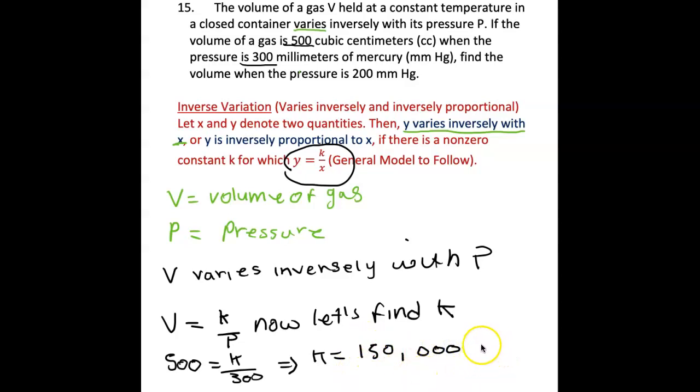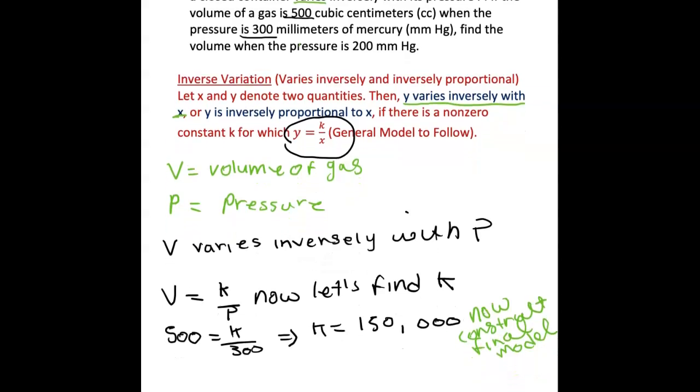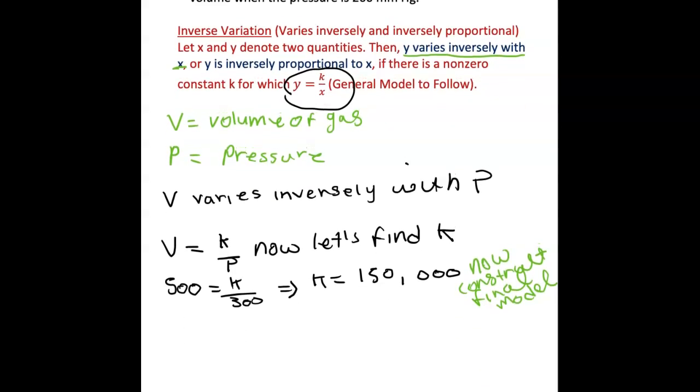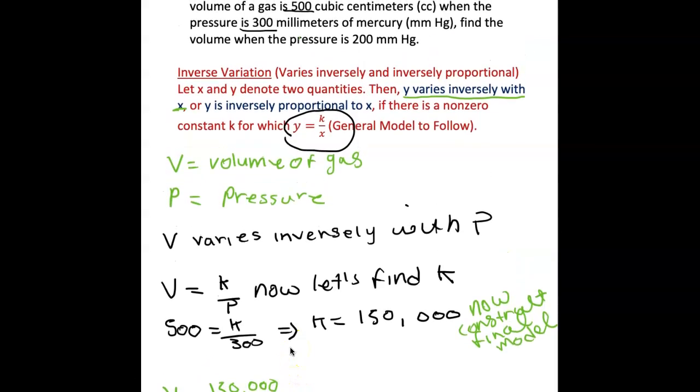So now construct the final model. Hopefully you can understand what I'm saying and also what I'm writing. So then I have V equals 150,000 over P. Now, what is it they want me to find?